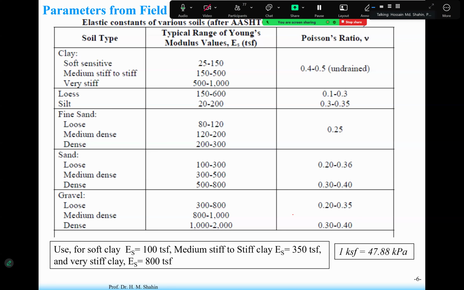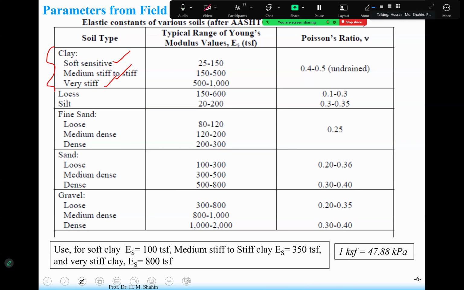This is also from H2 for clay type soil. For clay type soil, if you see, sensitive, medium stiff, stiff. Sand you don't need, only these three.